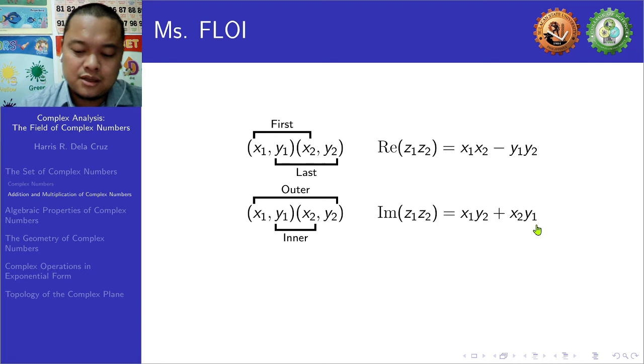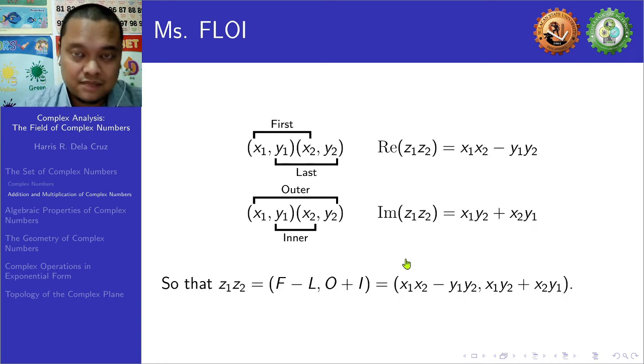So the product z1 times z2 is given by F minus L for the real part and O plus I for the imaginary part. So that's (x1 x2 minus y1 y2, x1 y2 plus x2 y1).